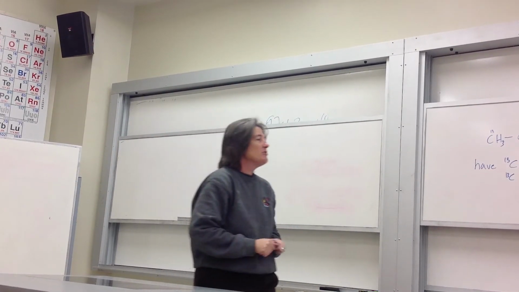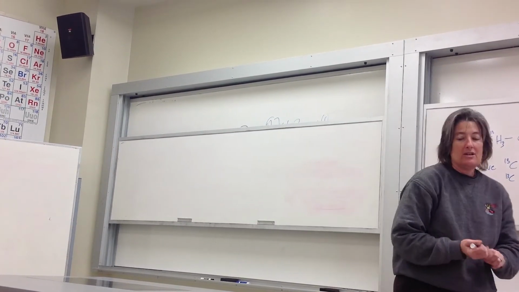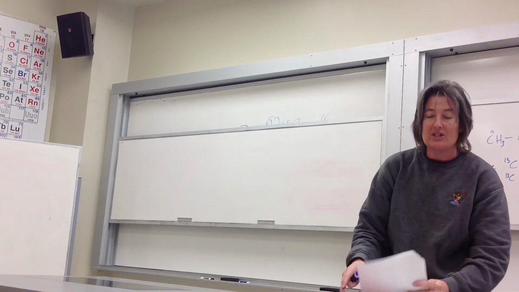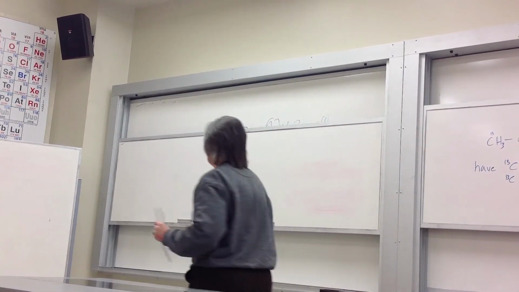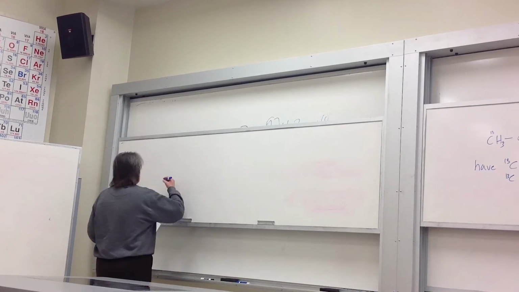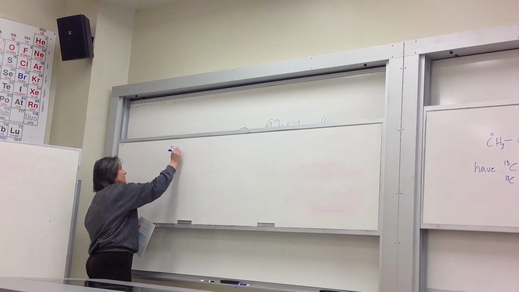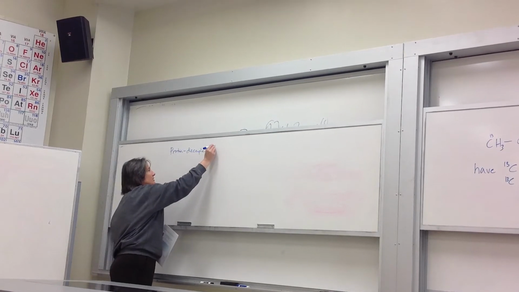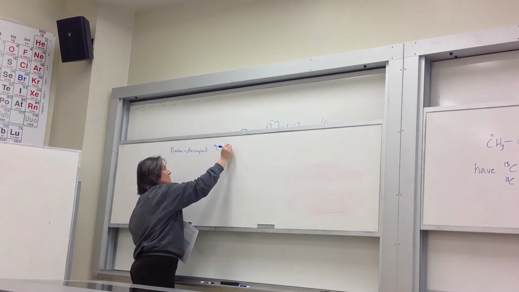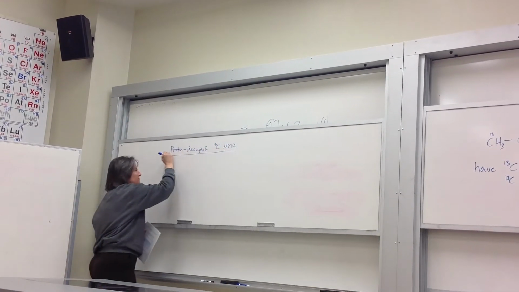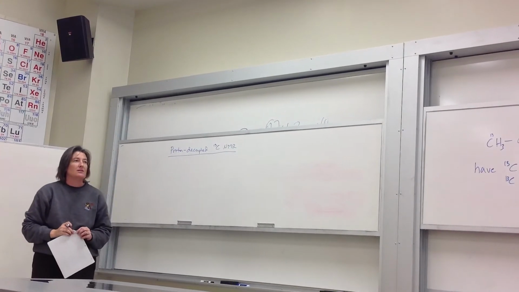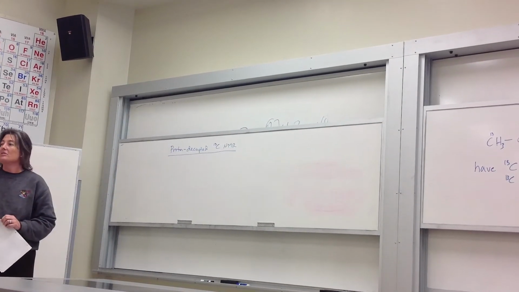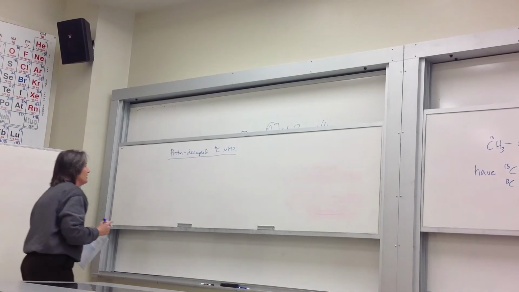And so what people will typically do is they will do a process called decoupling. So this next topic is proton decoupled C13 NMR. And you're really going to like this.